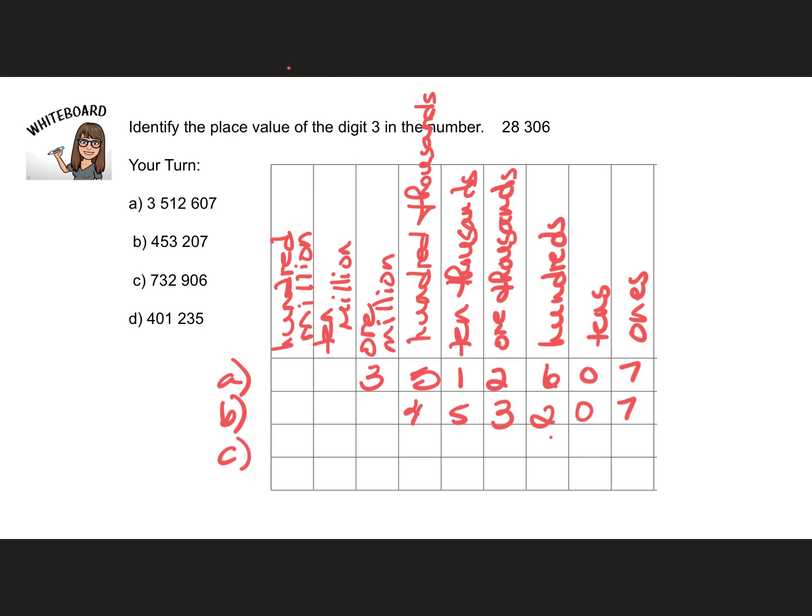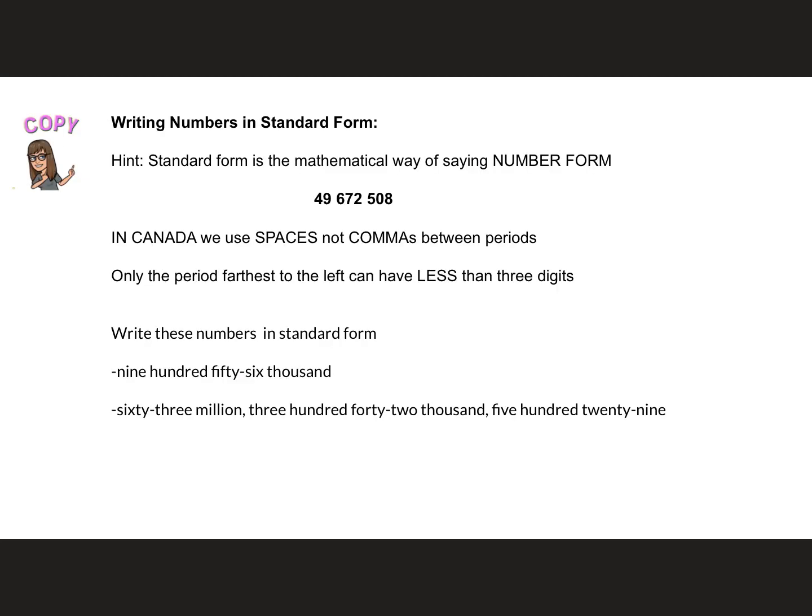And C, 906 in the units period, 732 in the thousands period, 732,906. And our last one, 235 in the units period, 401 in the thousands period. So 401,235. All right, again, you're going to do some copying so you have some notes.